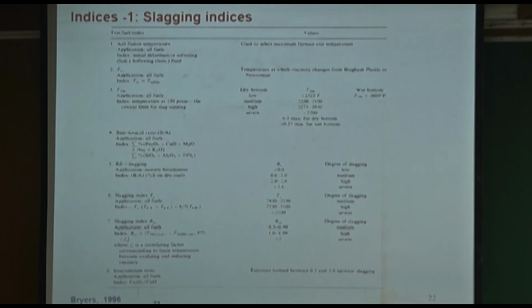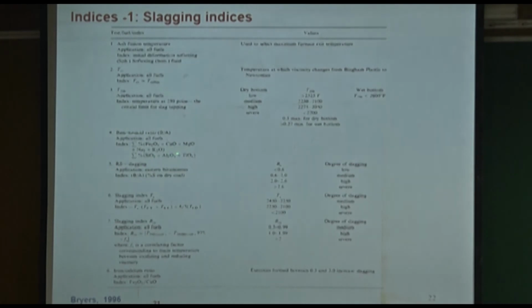Then this is the most important one, though it's not necessarily a very definitive one: the base to acid ratio. In the ash composition, some are basic oxides, some are acidic oxides.